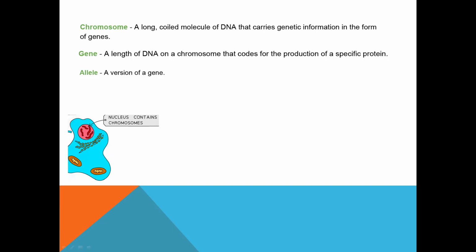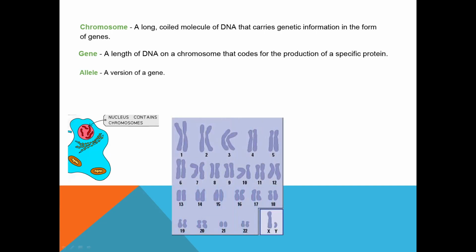But if we look deeper, we'll actually see that these chromosomes are paired up. What that basically means is that one of these chromosomes comes from our father and the other comes from our mother, and that's why we have paired chromosomes.